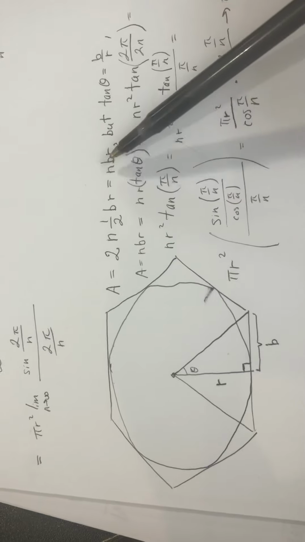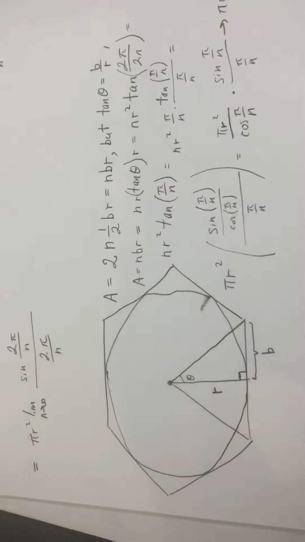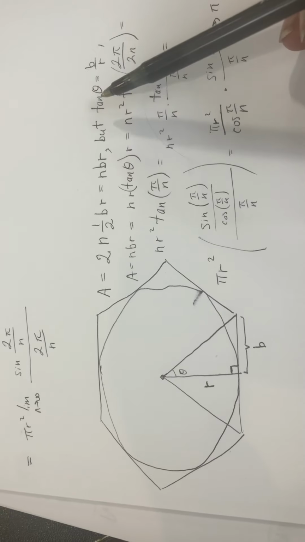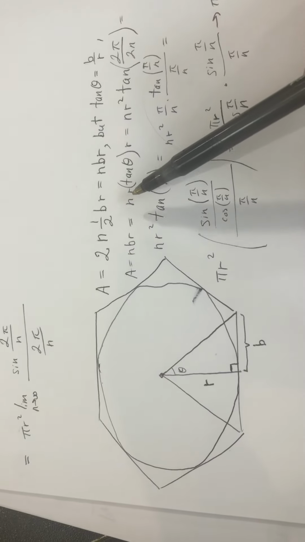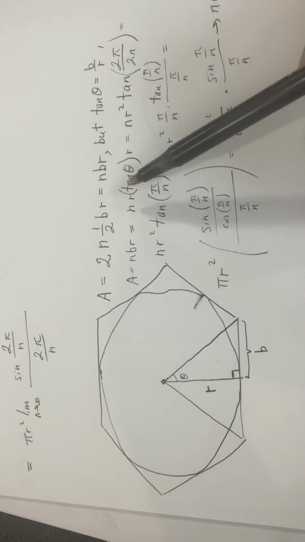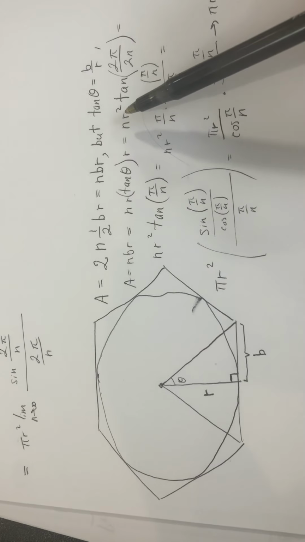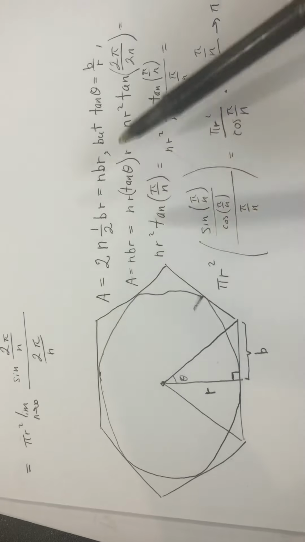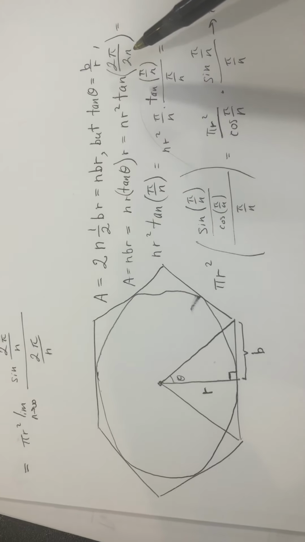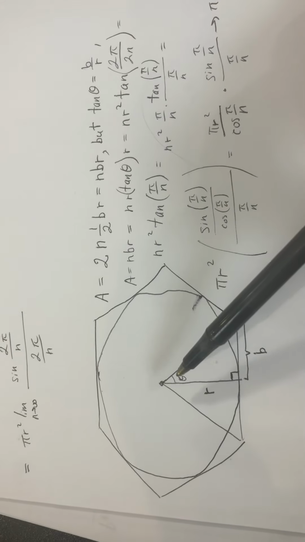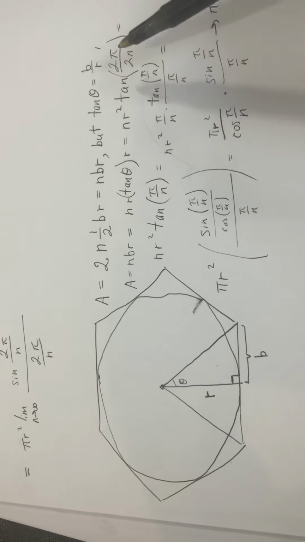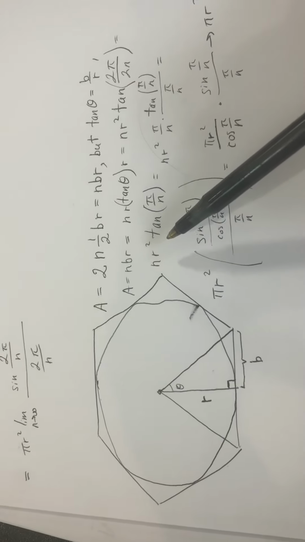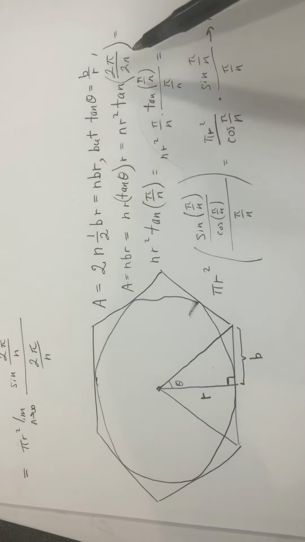So let's go back to this: the area equals nbr, and to use our tangent, notice that b is equal to r tan theta, so we can plug that in. The r's multiply, and so we get r squared, and this theta is equal to 2 pi over 2n, right, because there are 2n of these thetas. We're dealing with radians, which is equal to n r squared times the tangent of pi over n. The 2's cancel.